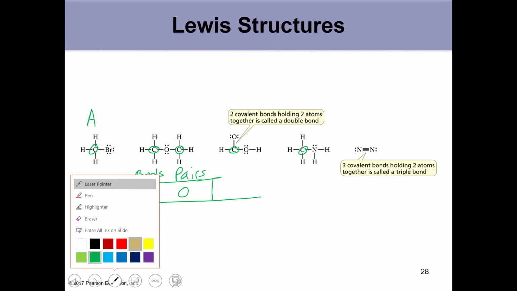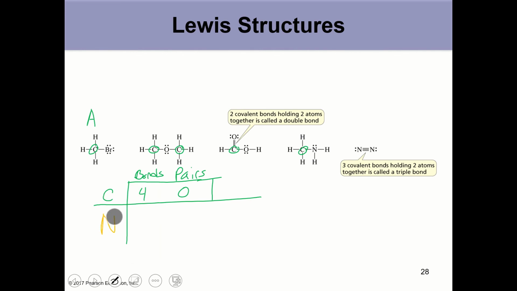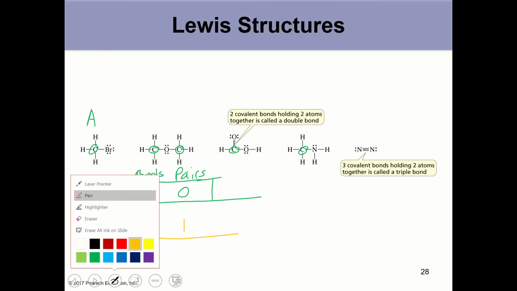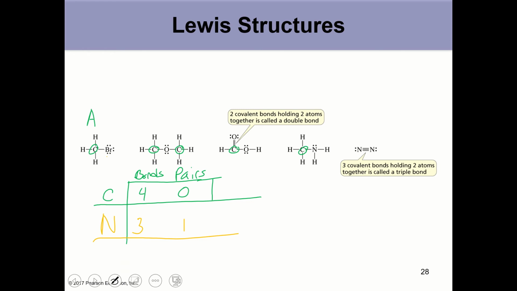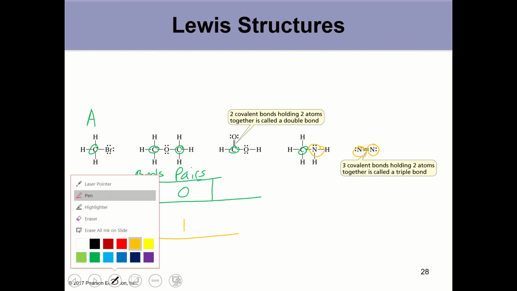For nitrogen, I should have 3 bonds and 1 lone pair. Now we can look at each individual structure that has nitrogen. Circle all the nitrogens, and then count the number of bonds and lone pairs.